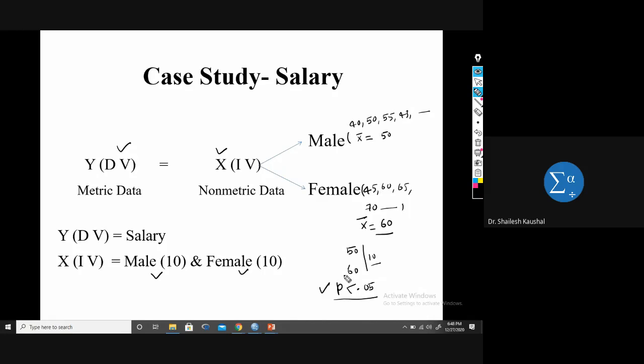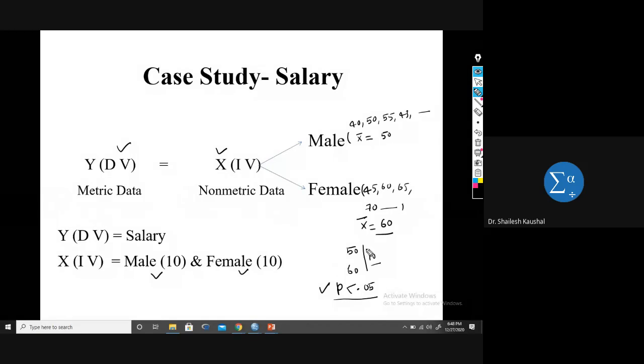Through this data, we can see the female teachers are getting a higher salary than male teachers. But can we generalize it? No, not unless we get the result. If my P value is less than 0.05, then we can say yes, there is a significant difference, with female teachers in the private sector getting a higher salary than male teachers.